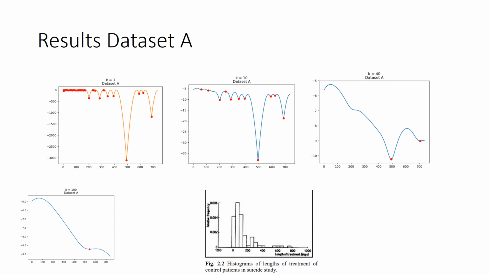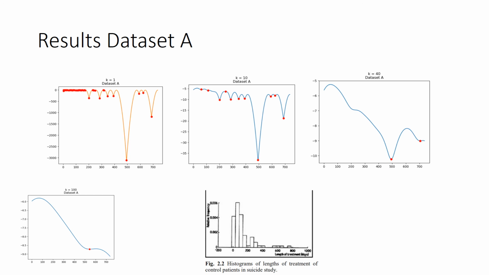Near 250, we have this weird point that looks like a local maximum, but it's not. And with k equal to 10, we still have a lot of intervals, and so we want fewer. The further we increase k, the fewer groups we have.